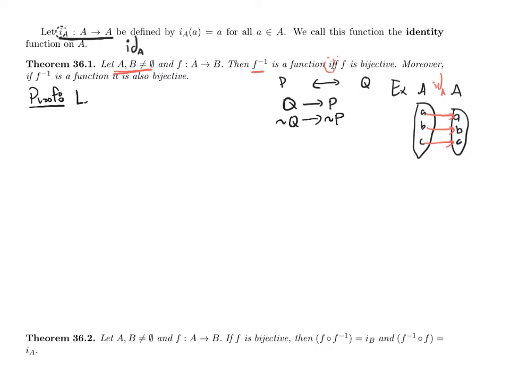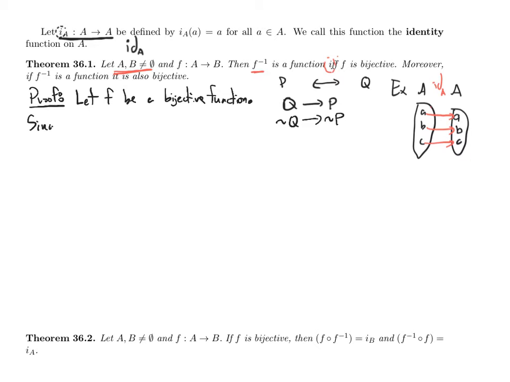So let f be a bijective function. Well, since it's bijective, this means that it's one-to-one and onto.